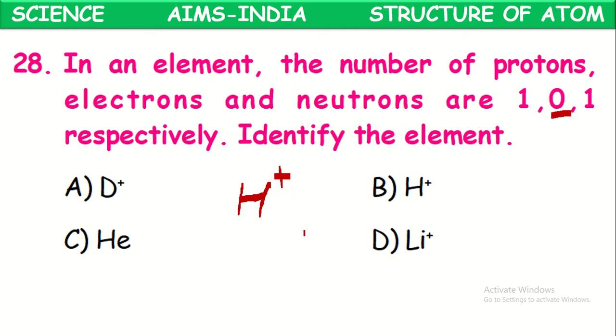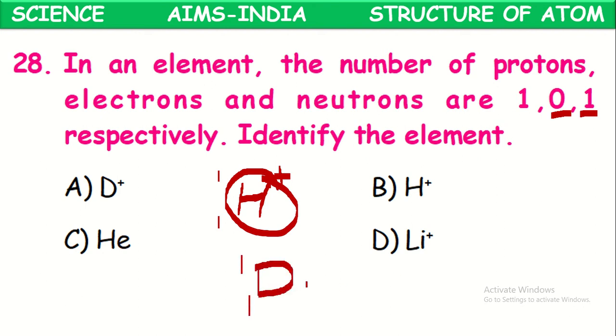It becomes a unipositive ion, that is H+. And it has 1 neutron also, but normal hydrogen has no neutrons, so it will be deuterium. The hydrogen with one neutron is called deuterium and it lost its electron, so it becomes D+.